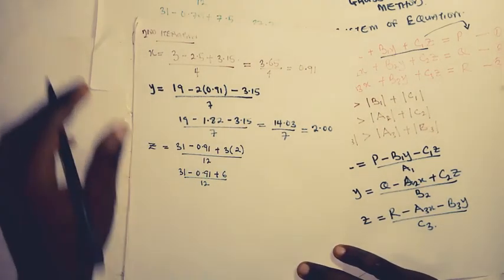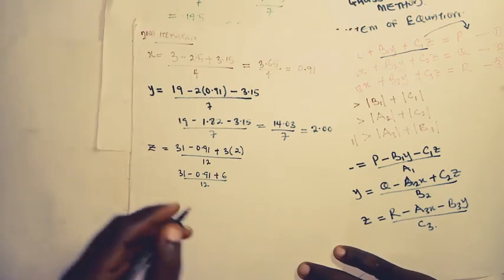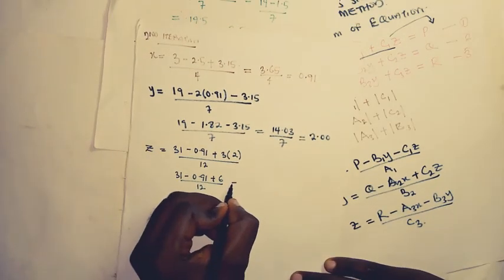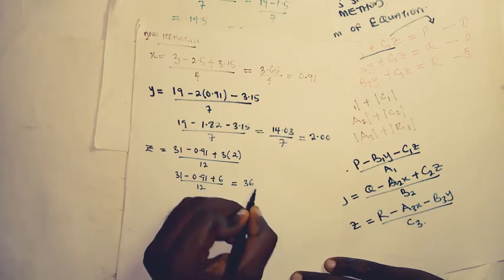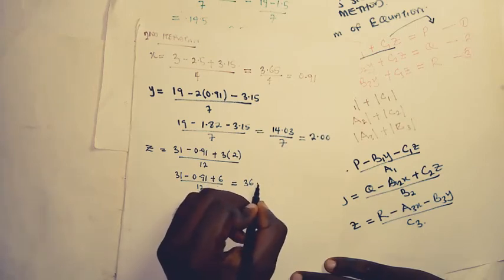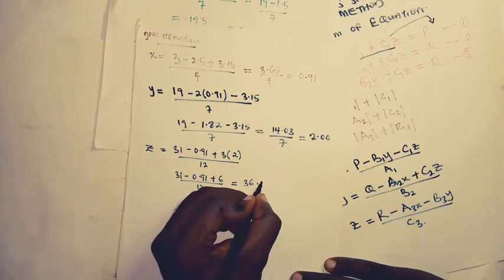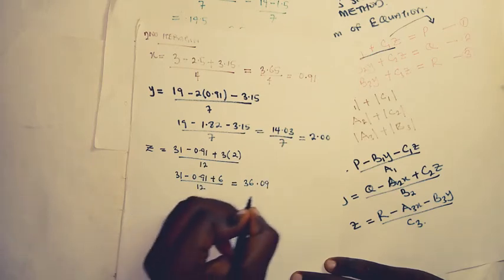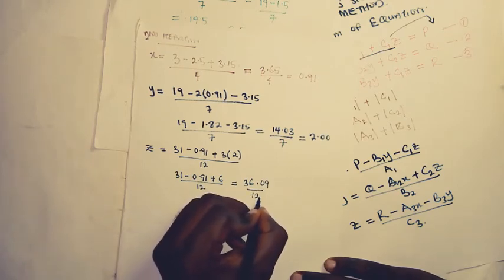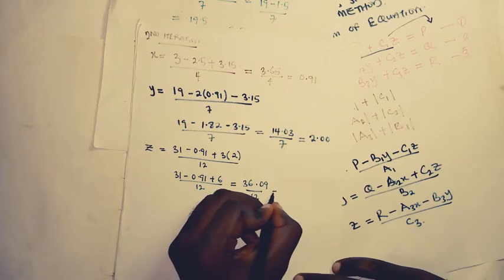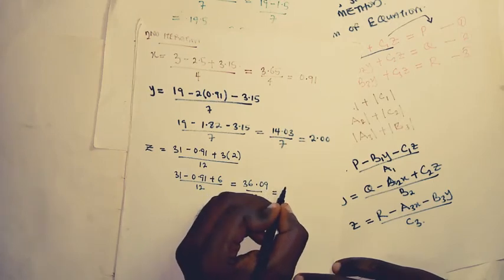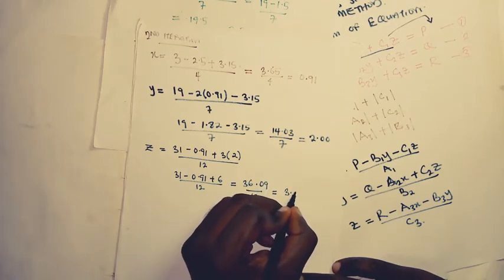Alright, and doing this arithmetic, I have 36.09 divided by 12, and this will give me 3.01.